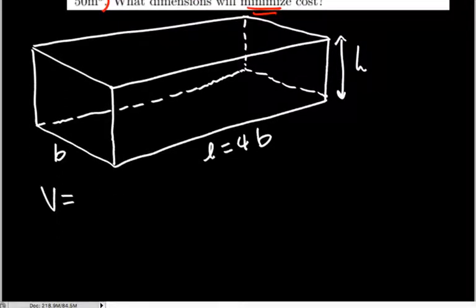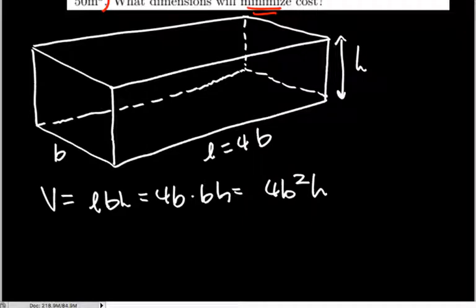So volume is length times base times height, right? The length is 4 times the base. So we can just say 4b times b times h. In other words, 4b squared h is the volume.